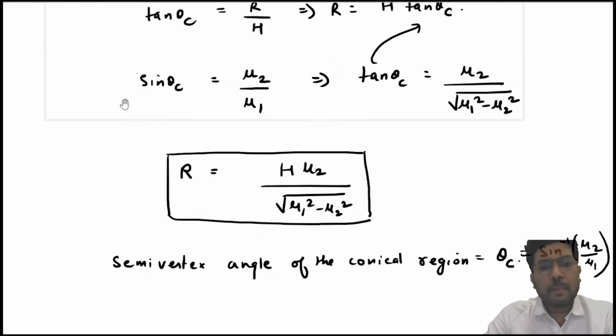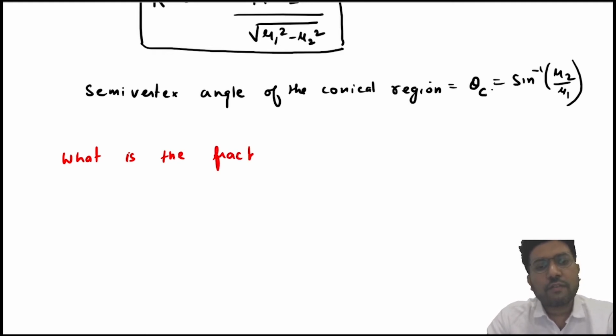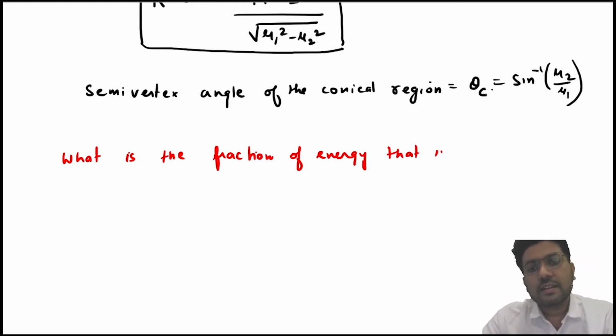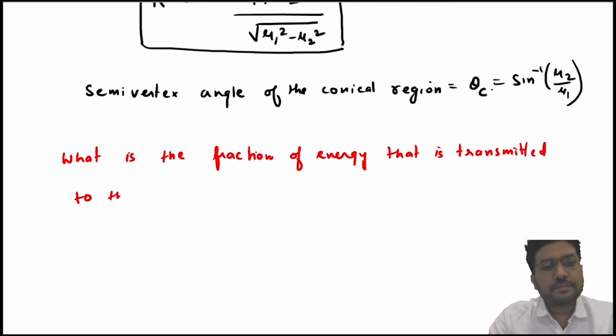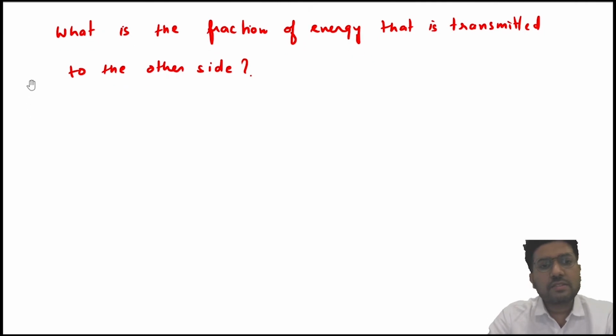Okay, now one more thing that they ask is what is the fraction of energy that is transmitted to the other side, okay? For this we must know the concept of solid angle.